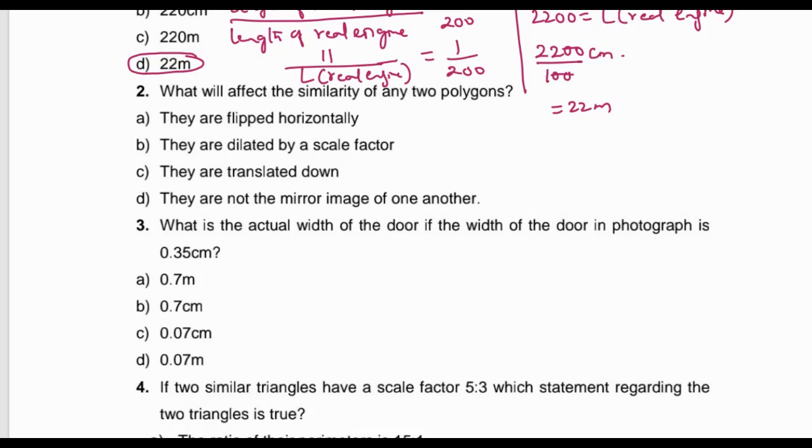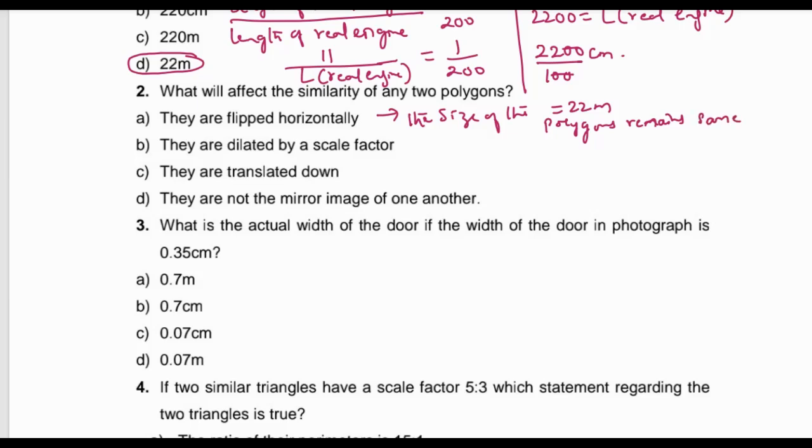The size remains the same if you flip the polygon.